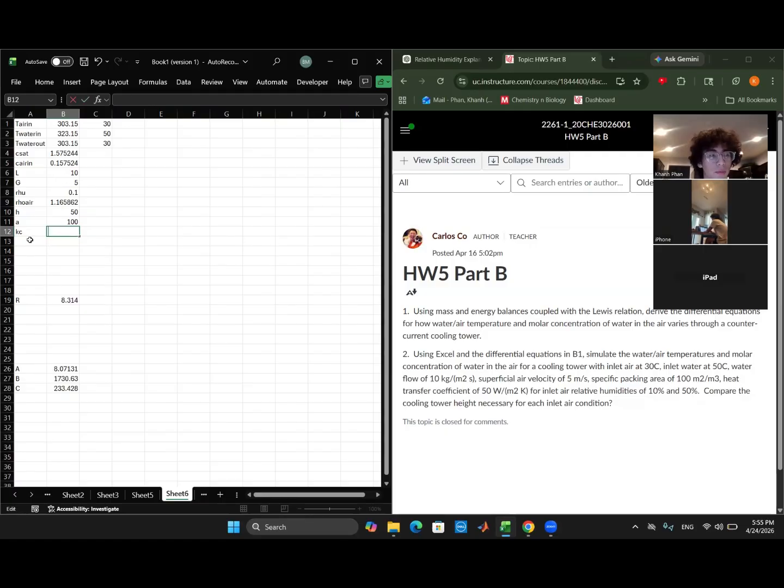Oh, I forgot another variable. We have to define heat capacity of water and heat capacity of air. So heat capacity of air is 1,000 joules per kilogram Kelvin, and then water is 4185. Okay, so now Kc is H, or the heat transfer coefficient, divided by density of air times heat capacity of air. And then you just put it in a bracket.